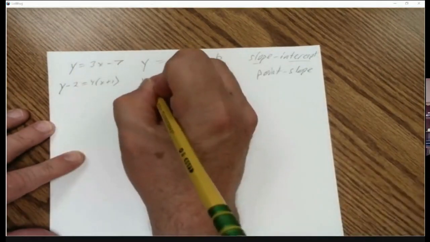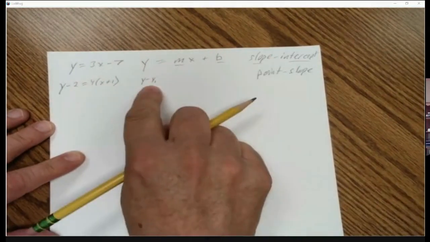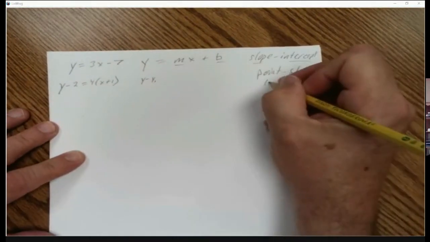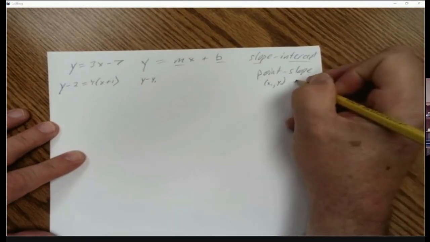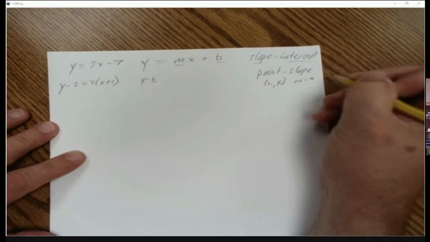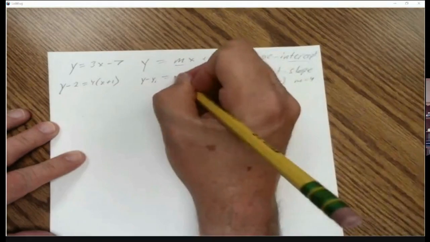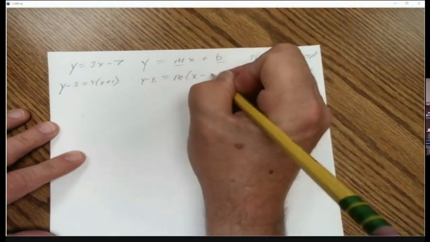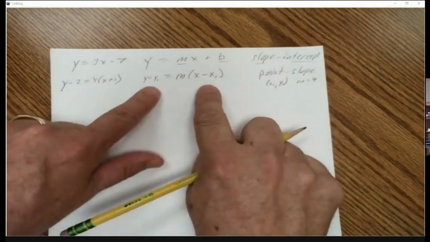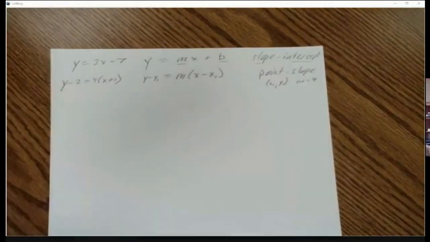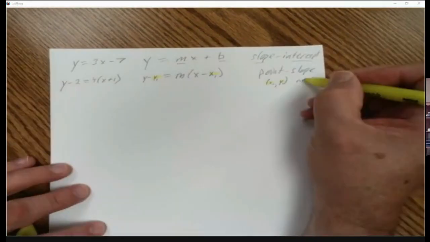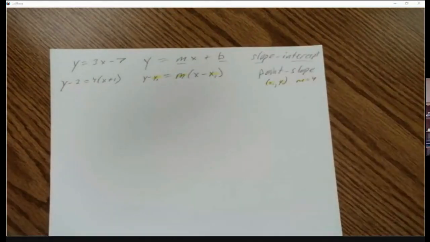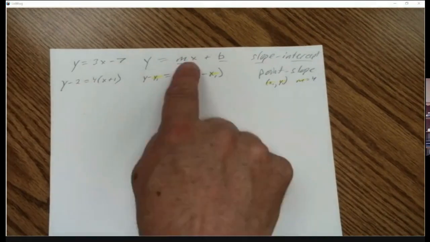That is y minus your y point, because if you have a point, an x1, y1 point, and you have a slope, actually a slope of 4 or whatever, equals the slope times x minus the x coordinate of the point. So if you have an x and a y, your x and y go right in your equation, then your slope would go right there. That is the point-slope form of a line. So we can write a line like this, and we can write a line like this.